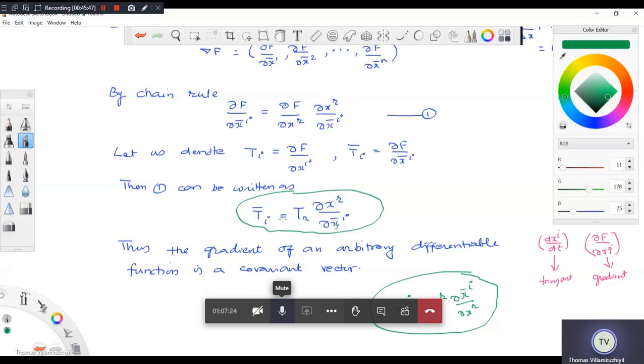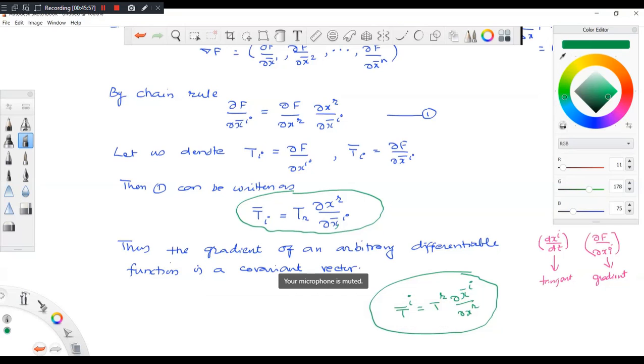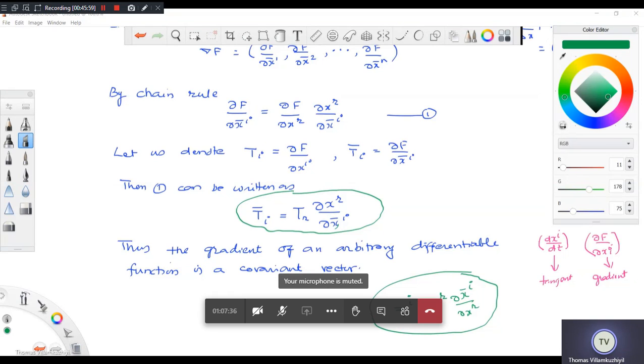Sir, are these covariant and contravariant vectors always perpendicular? No, that is not so. The perpendicularity condition is not there. Perpendicularity is some other kind of concept. Because, see, you are taking perpendicular to mean orthogonal.